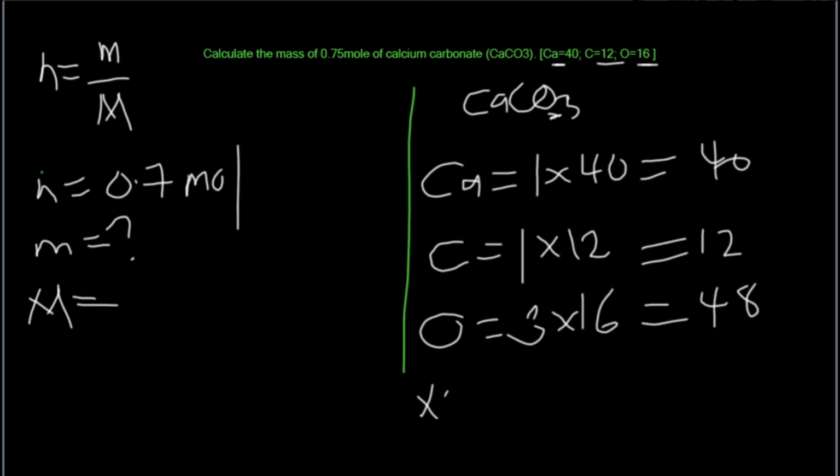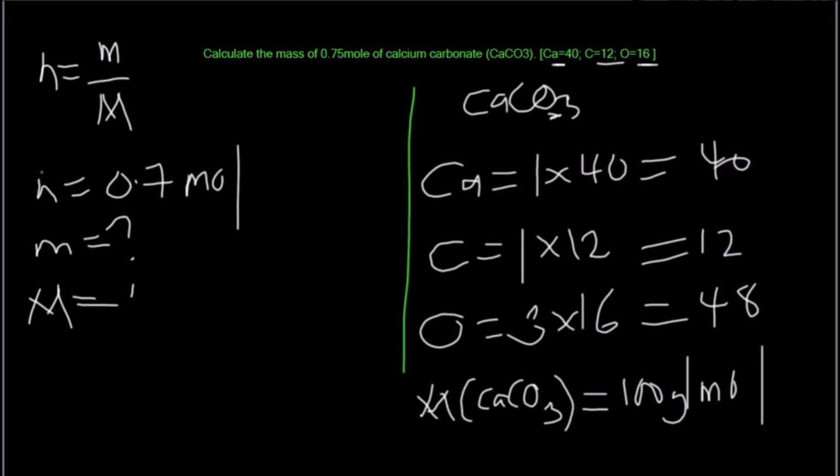So the molar mass of CaCO3 is 100 grams per mole.